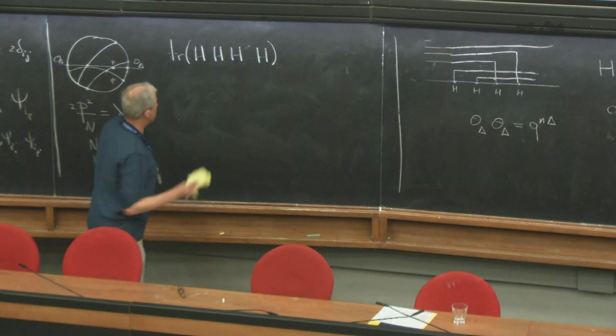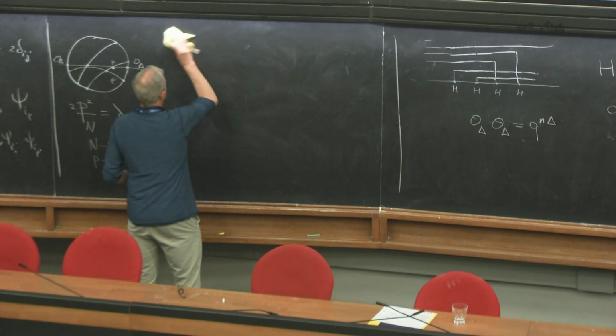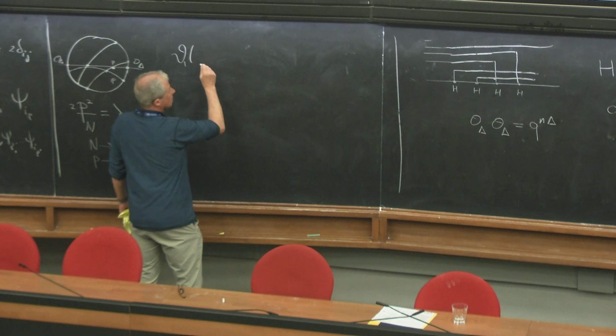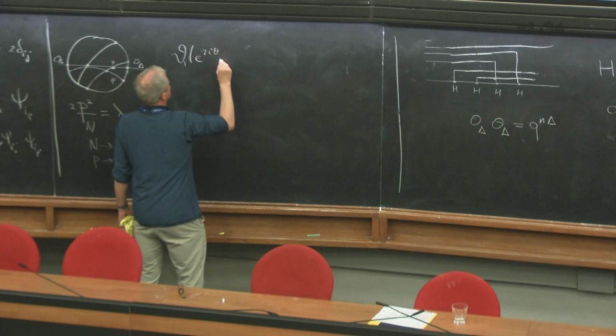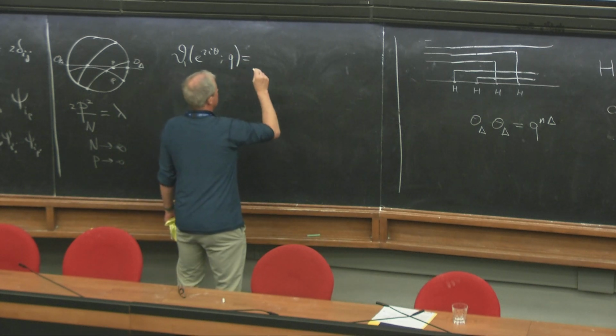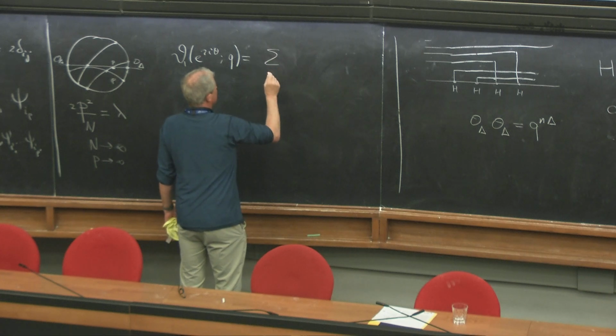But from a physics perspective, the following formula I find actually quite useful. That theta function that I'm writing down there, e to the 2i theta q. I'm hoping I'm getting this one right, maybe up to some prefactors.